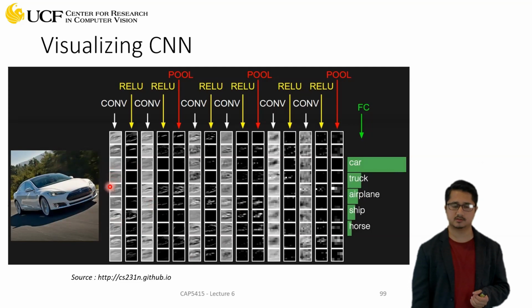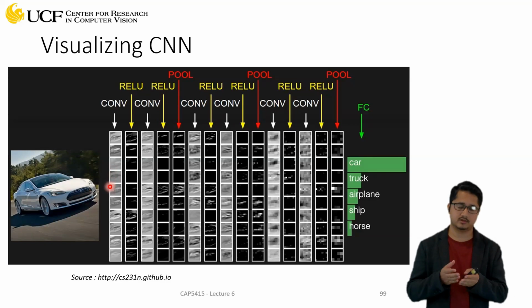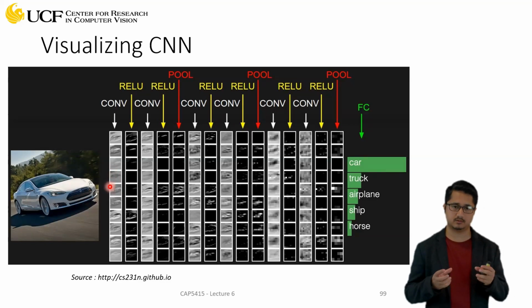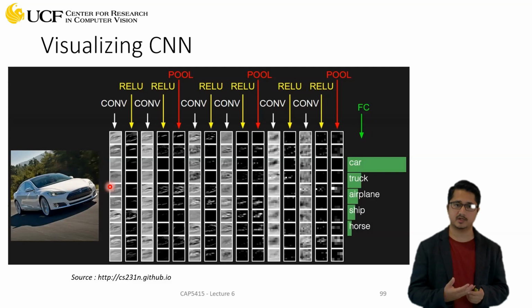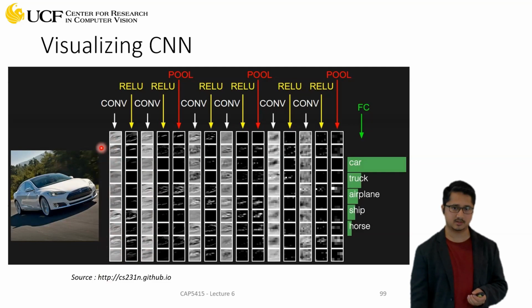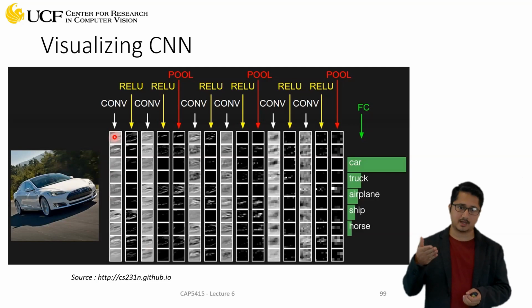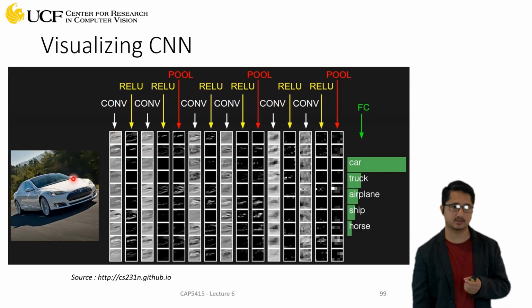And then in the first convolution layer, you will have some set of filters. For example, in AlexNet, we had 96 different filters. In this case, I'm showing you roughly around 10 different filters. And each of these is the activation map, or you can say the output of one filter. So when you apply that filter to this image, you get an activation map like this.